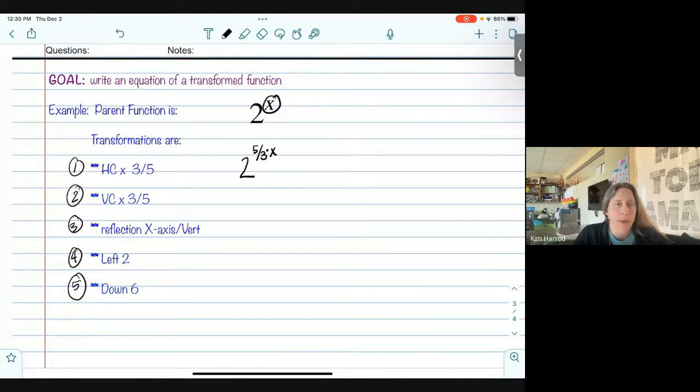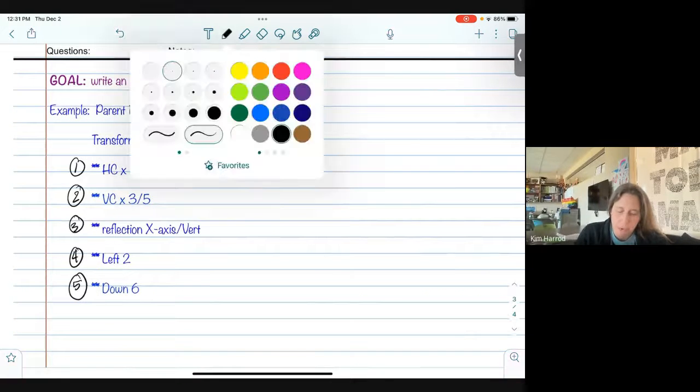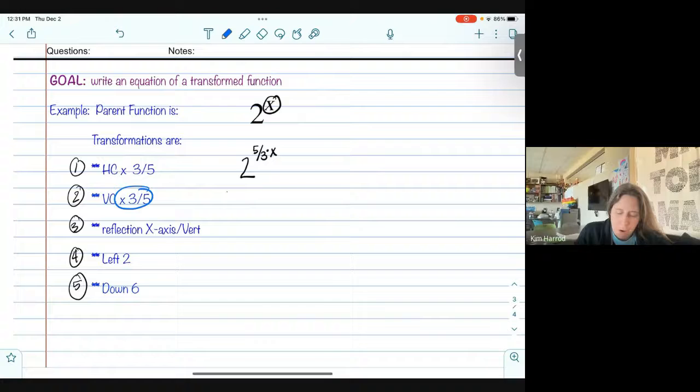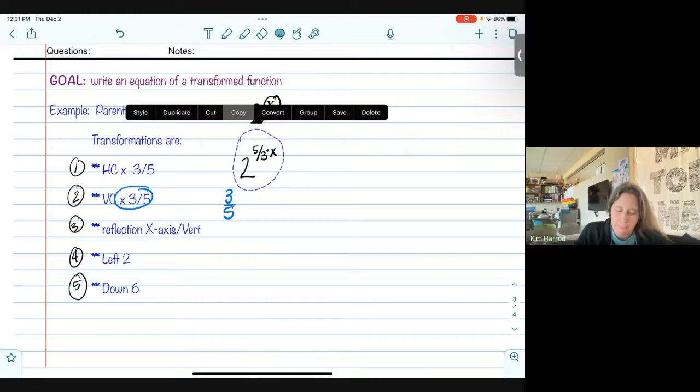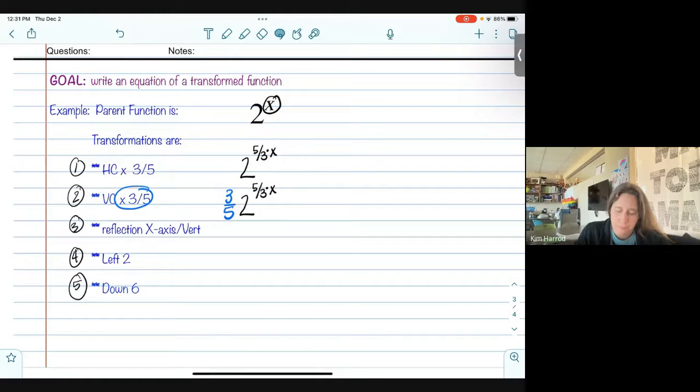Vertical compression by 3/5. Verticals, we don't switch those numbers at all, and they go outside. So this is going to go completely in front of what we have just written there. So it's going to be 3/5, and then that again. Maybe put a multiplication sign in between the two of those: 3/5 times that.